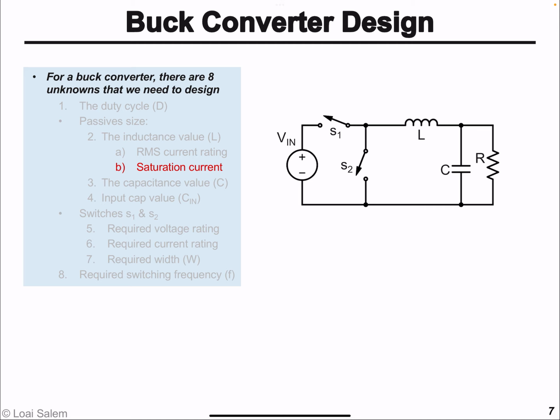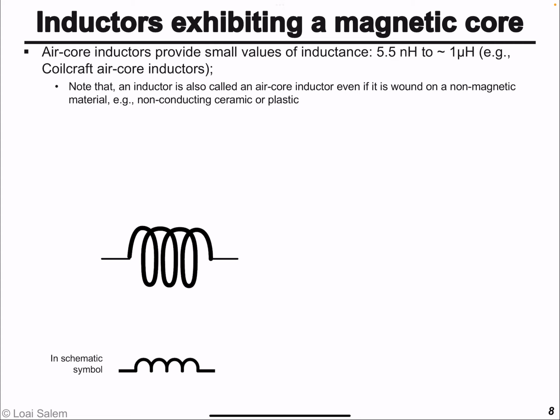Now to the core saturation current, that's the second rating. Typically an air core inductor is when you just bring a wire and wind it around, say, a pencil or ceramic or a dielectric material that's not ferromagnetic. We call it an air core inductor.